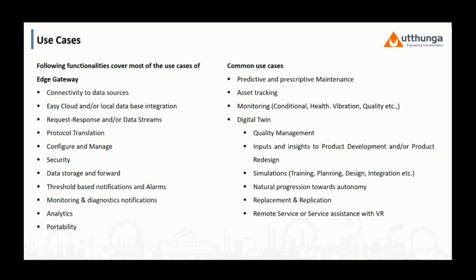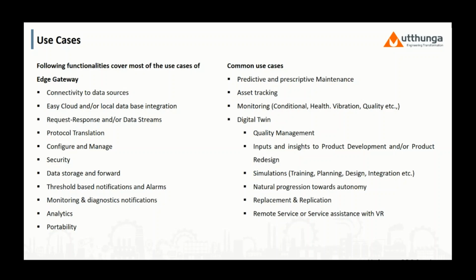So creating a digital twin with all these different information models that are available, from a small weighing scale to a huge CNC machine, or even a process or plant level, becomes easy with OPC UA. And once you have a digital twin, there are different use cases that are possible.